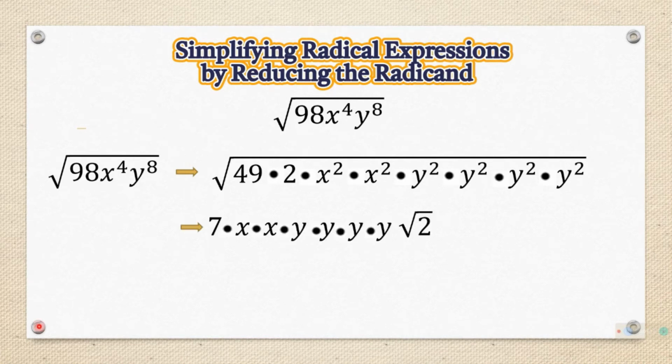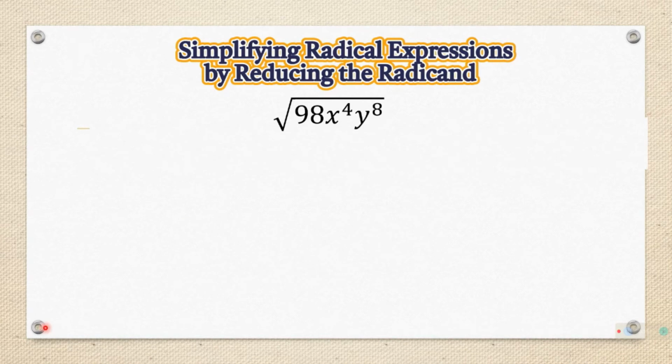And getting the square root of 49, so we have 7. Square root of x squared, so that is x. And same with the square root of y squared, so we have y. So our answer is 7x squared y raised to 4 square root of 2.